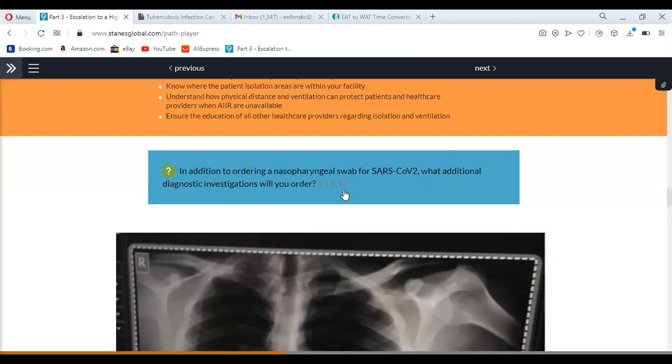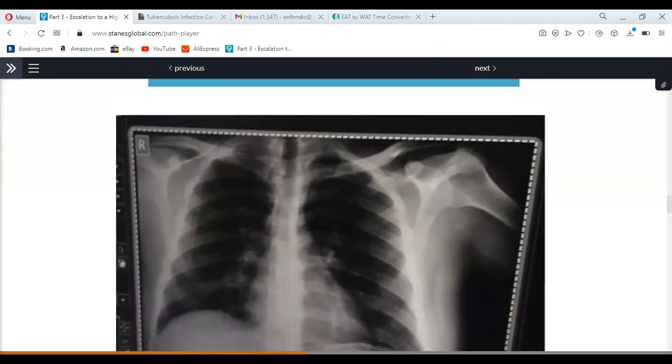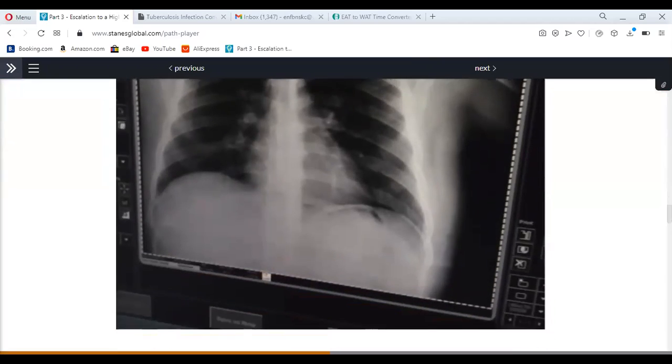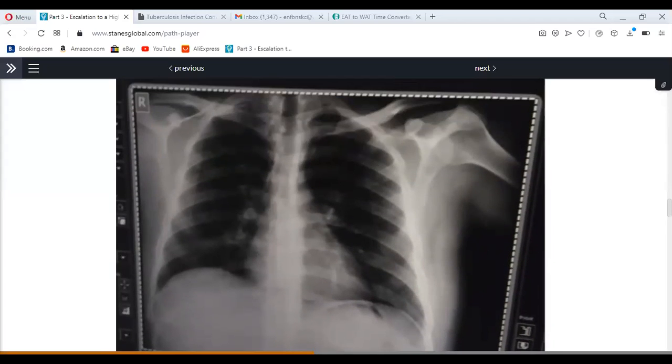So we need a chest X-ray to be able to define the severity to categorize this patient. So we can scroll down a bit. As I say, chest CT, yes. So this is a chest radiograph of the patient. Okay, let's scroll down. So you need to see the changes.